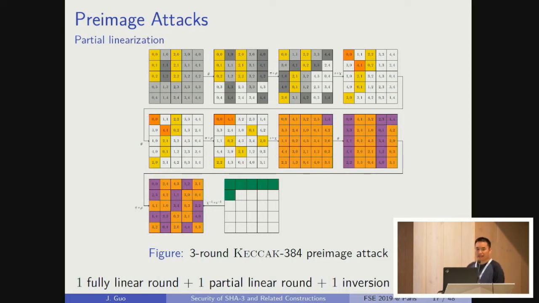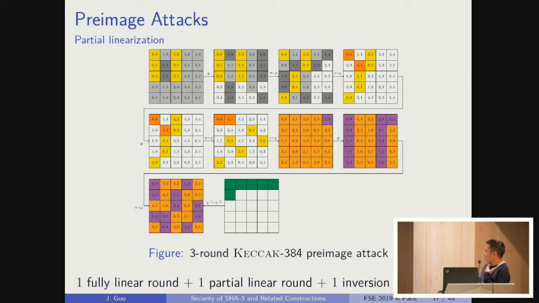Keeping that in mind, we are looking for something we call partial linearization. We keep the linearization done for the first round, and we allow some algebraic degree 2 variables in the second round, and they will be propagated to more variables in the third round.